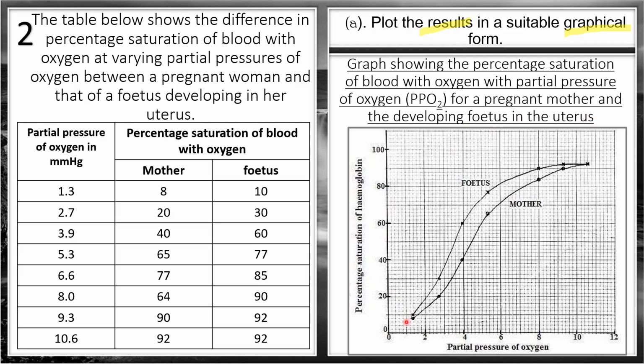So this is our graph. This is the graph for the fetus from the results we have got here. This is the graph for the mother. On the x-axis we have the partial pressure of oxygen, and then on the y-axis we have the percentage saturation of hemoglobin.